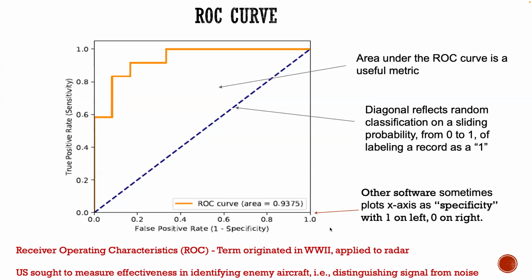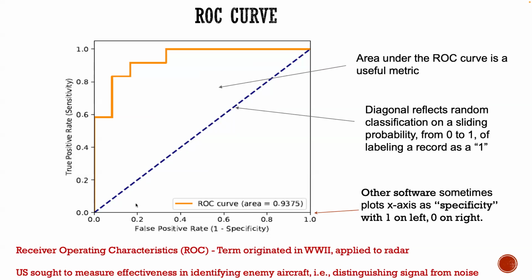But there are certain software packages that also use specificity rather than 1 minus specificity in this ROC curve, and they reverse the scale here. So it'll go from 1 to 0 rather than 0 to 1. So you could find some software which uses an x-axis of specificity going from 1 to 0. But we are using false positive rate, 1 minus specificity, so it goes from 0 to 1. And true positive rate, which is sensitivity, goes from 0 to 1.